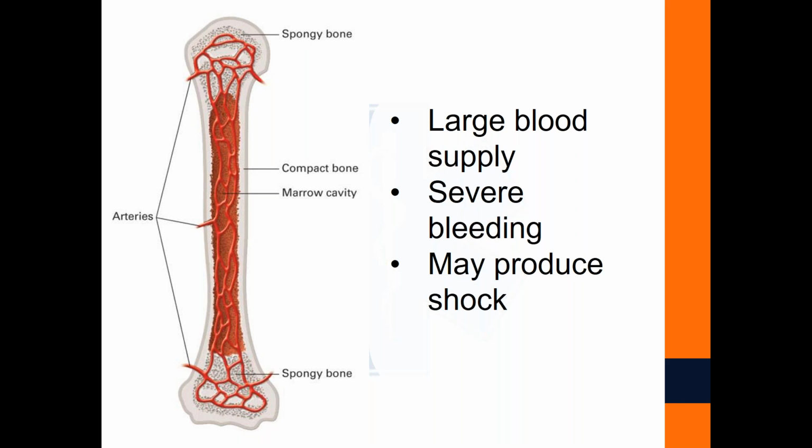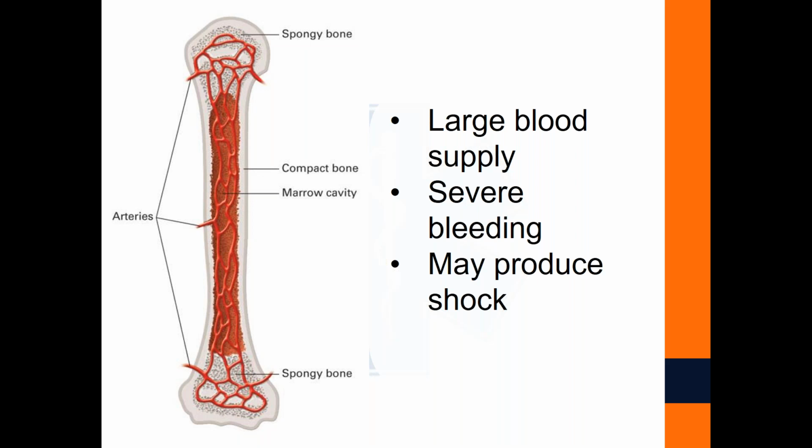Now, we haven't talked about shock yet, but the actual medical term for shock is hypoperfusion. Perfusion means supply of oxygenated blood. So if we put hypo in front of that, that means low supply of oxygenated blood. The body will not run well and will not run for long if shock and hypoperfusion are allowed to persist.